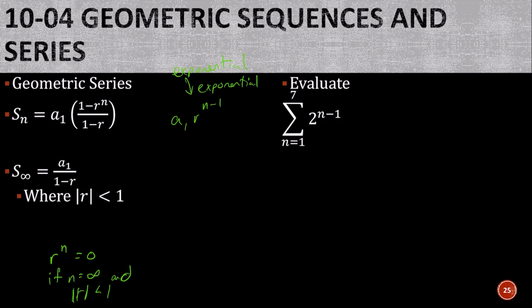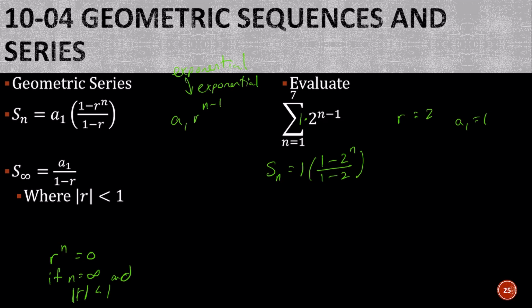All right, so if we fit that little pattern, we can see our base is 2. I don't see anything multiplied by it, so think of it as being multiplied by 1, so a1 would be 1. So our sum is a1 times 1 minus r to the n over 1 minus r.